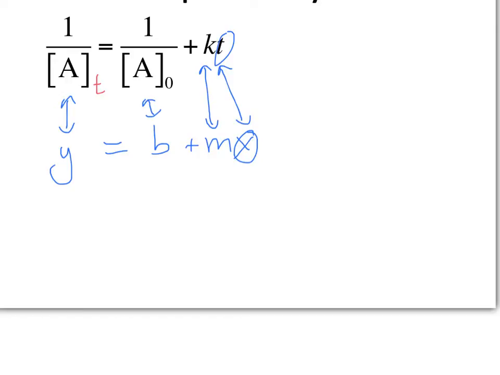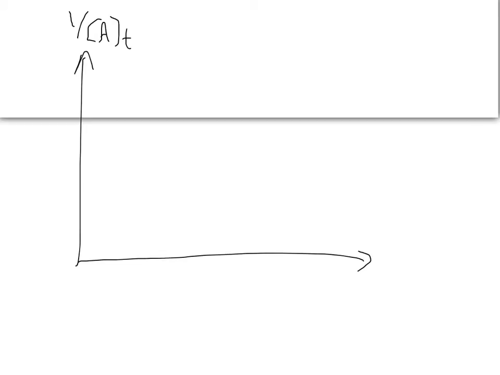So let's sketch out what that would look like. We're plotting on the y-axis 1 over the concentration at time t, and on the x-axis we're plotting time. If we've got a second order reaction, then this is going to generate data that's going to look something like that.